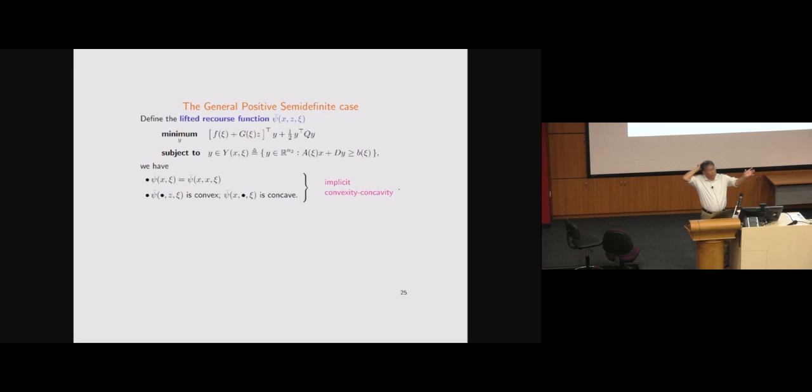This is a generalization. The original function is derived from this lifted function, and the lifted function has this convexity-concavity property, except that it is not explicit. In the DC case, the convexity-concavity is explicit. This one is not, and so we call this implicit.